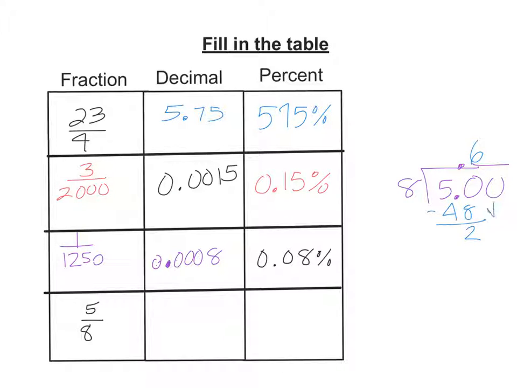Subtract, 2, bring down 0. How many times does 8 go into 20? 2 times. 2 times 8 is 16. Subtract, you get 4, bring down a 0. 5. So the decimal is 0.625. What is the percent? 1, 2, 62.5%.